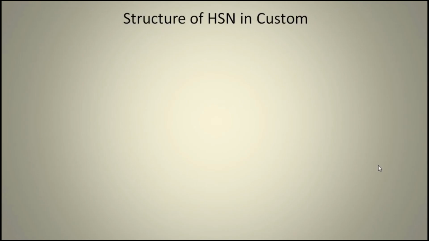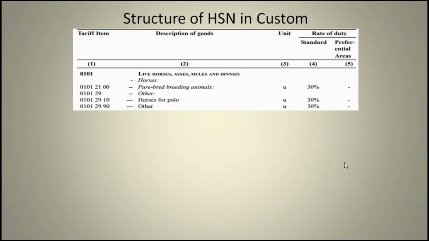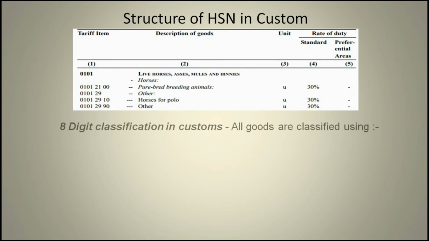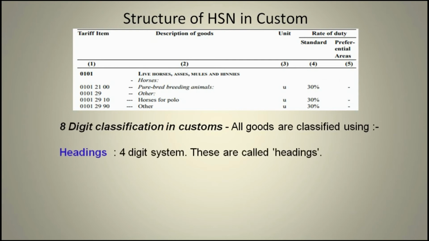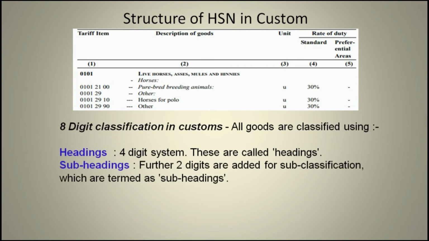Let's understand the structure of HSN in customs. 8-digit classification in customs. All goods are classified using headings, a 4-digit system. These are called headings. Subheadings: further 2 digits are added for subclassification, which are termed as subheadings.